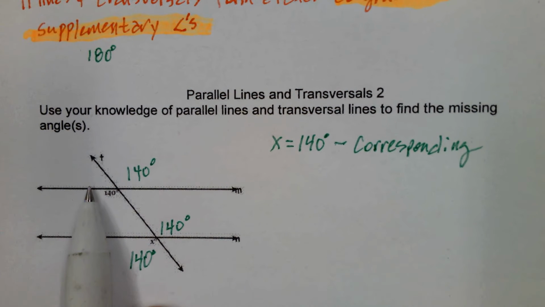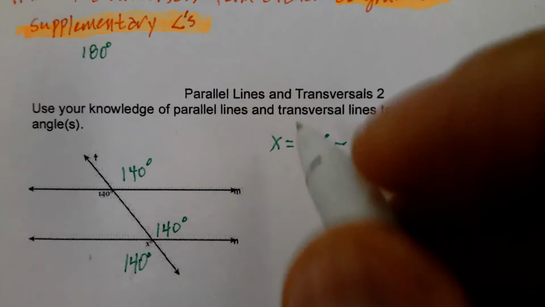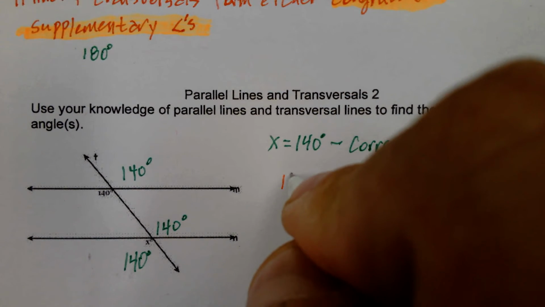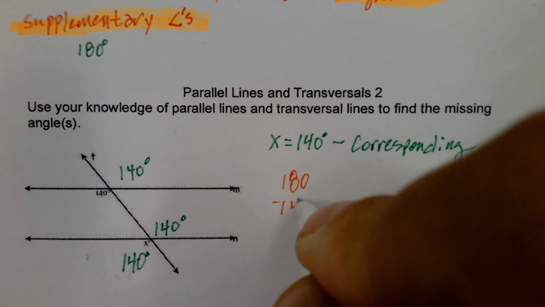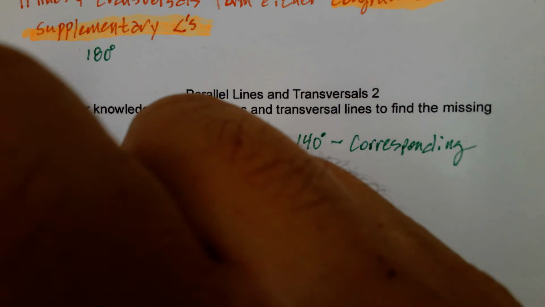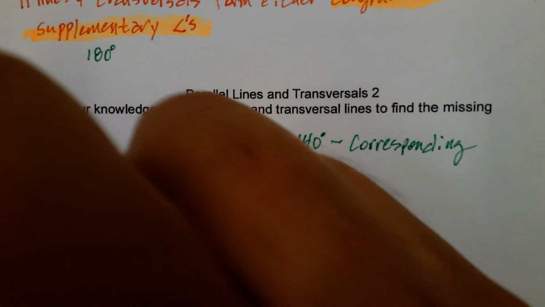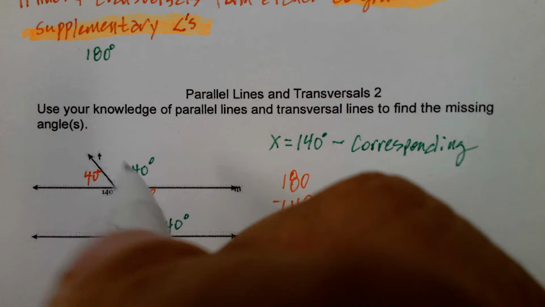So for example, this angle here is not 140. It would be 180 minus 140, so this is 40. And this is vertical to the 40, so this is 40.